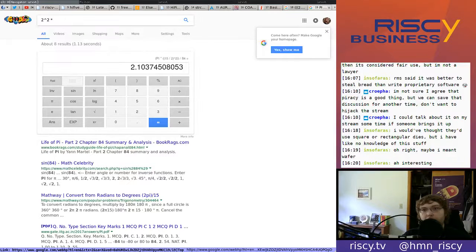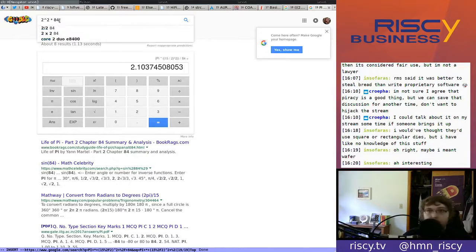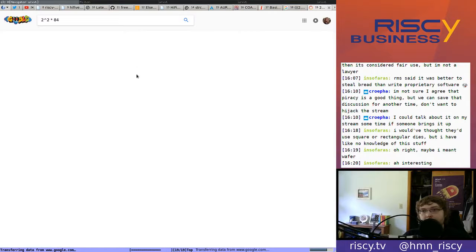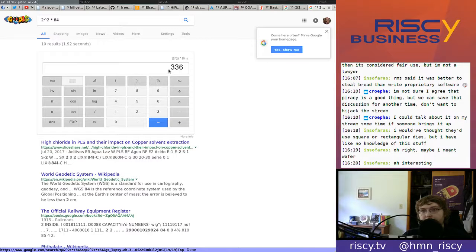Right, so if we say 2 centimeters squared times 84, that gives us 336 centimeters. Or would that be centimeters squared?